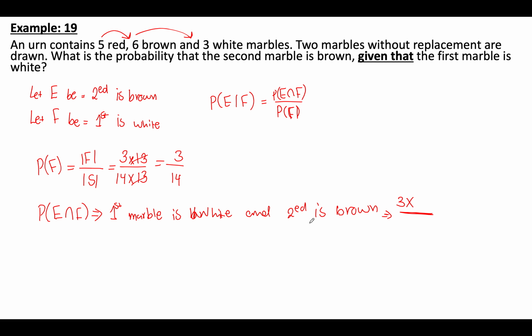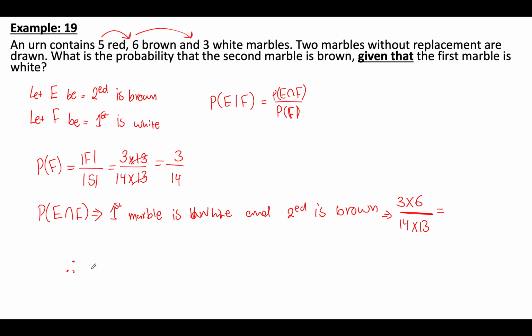The second time I need to get a brown marble, how many choices have I got? They are 6. And over the S, which is my sample space, so it's equal to 14 multiplied by 13. We will leave it as it is.